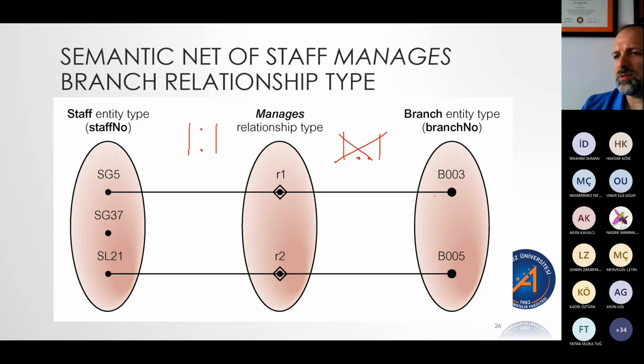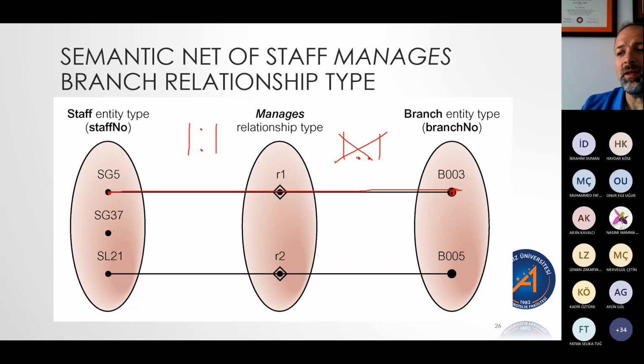If there exists one member over here, they can only have one over here. There is not a staff person that manages more than one branch. There is not a branch that is managed by more than one staff person.